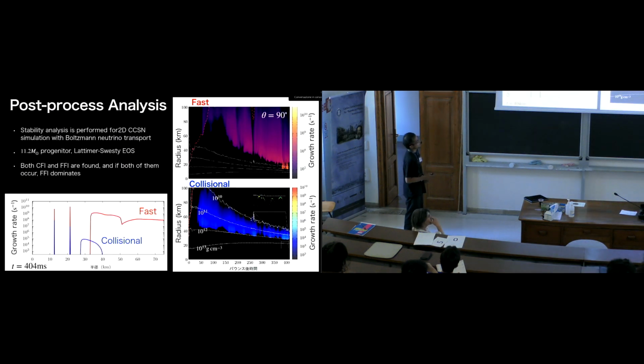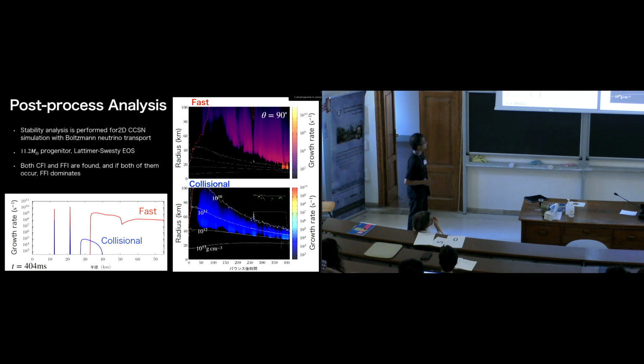So here's the post-process analysis. I performed the analysis for the 11.2 solar mass progenitor with the LS equation of state, which is a successful explosion model. And for example, I picked up the growth rate.